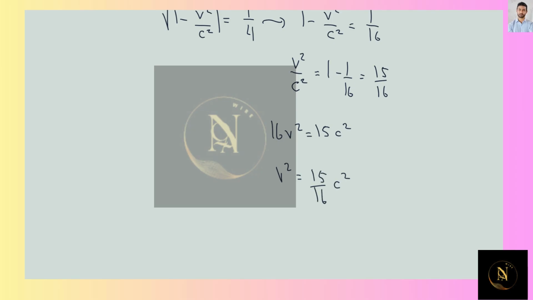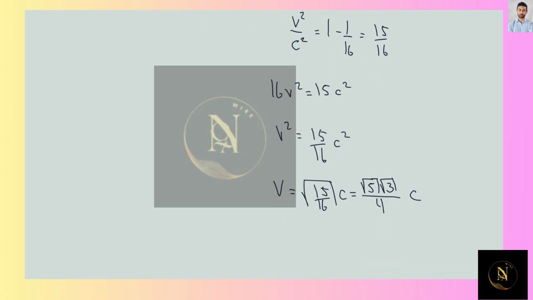We can take the square root on both sides of the equation, so the velocity is going to be equal to the square root of 15 over 16 times c, which we can further reduce to square root of 5 times square root of 3 divided by 4 times c. And this would be the velocity at which the object would need to travel to appear 1/4 as long to a stationary observer.